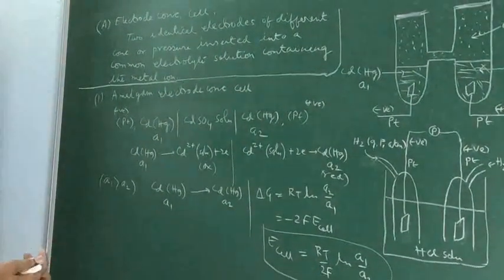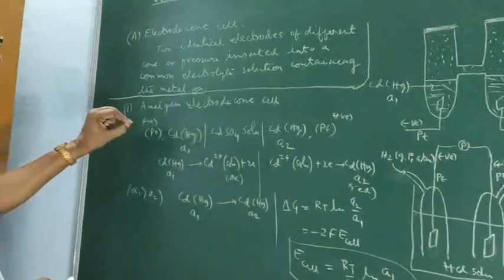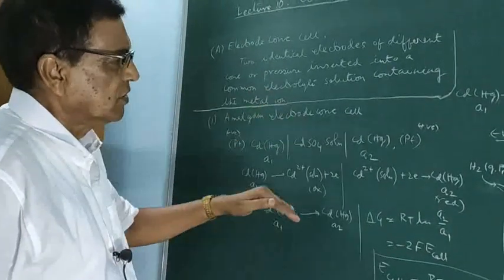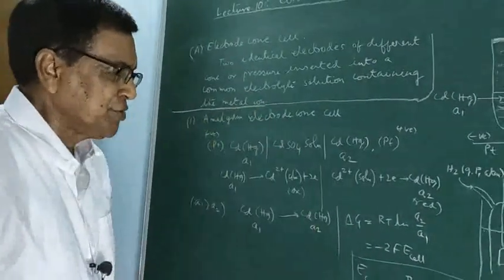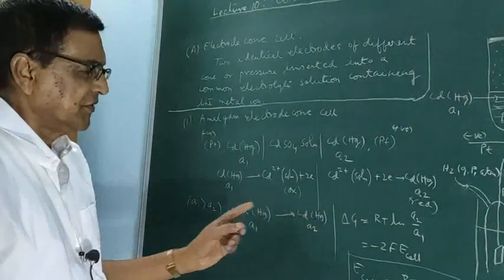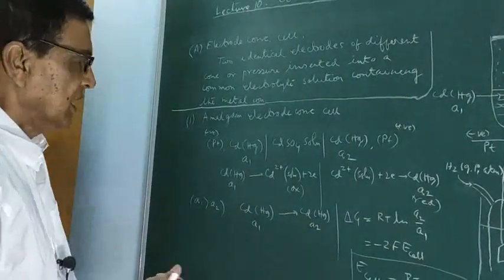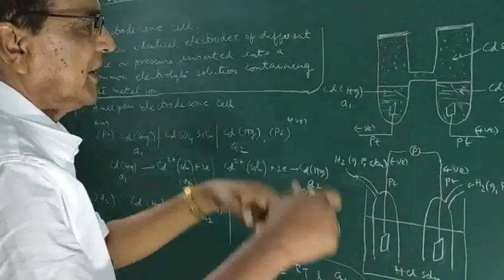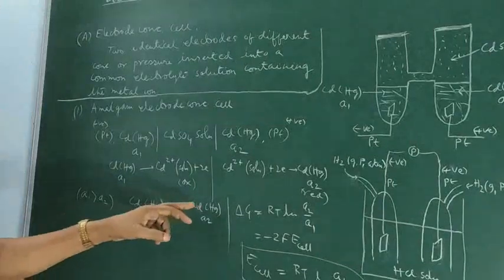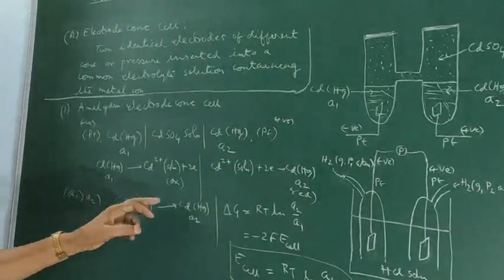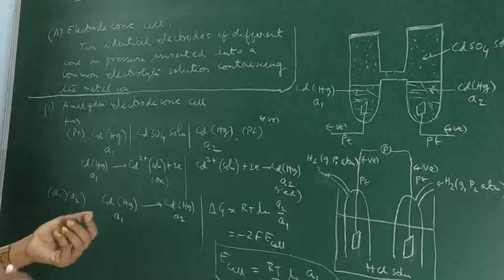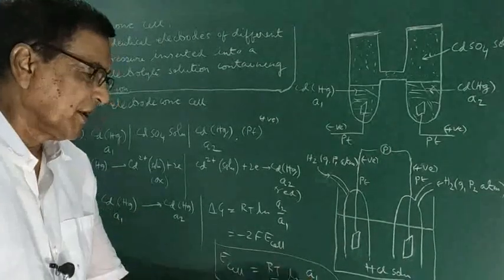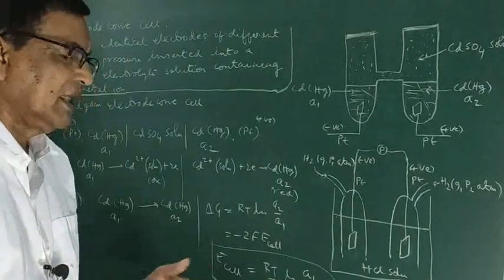One thing I can mention here: a very small amount of electricity is drawn from this cell by means of a potentiometer, so the change is infinitesimal, and these two amalgam electrodes are taken in large volume, so slight transfer of cadmium from left to right will not affect the values of A1 and A2, and these two will remain almost the same.